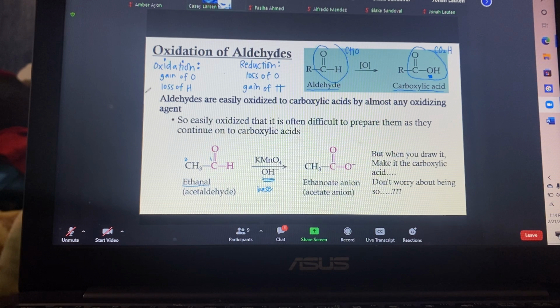Remember that acids and bases react. They react in order to neutralize each other. They want to be neutral.